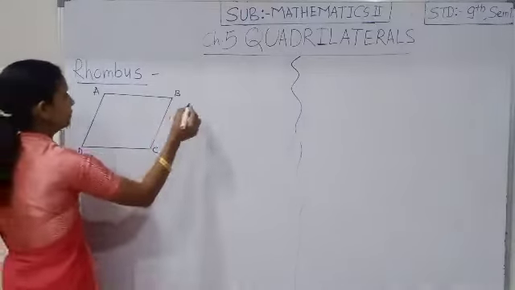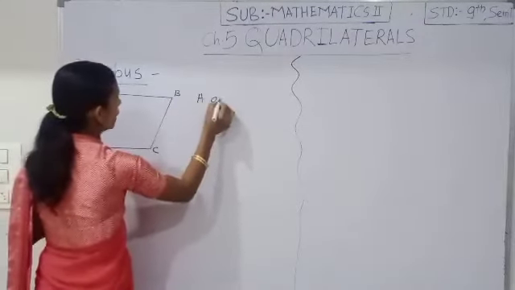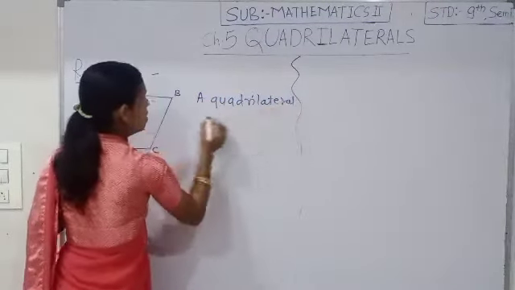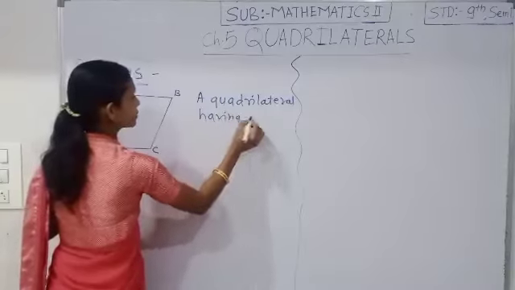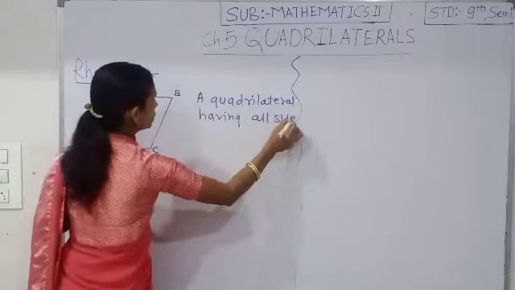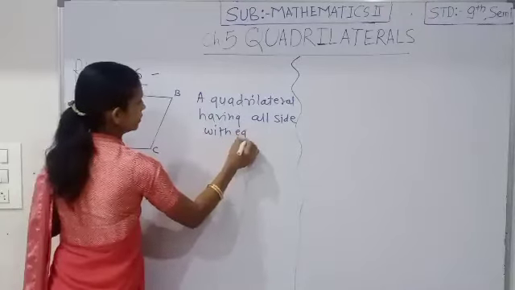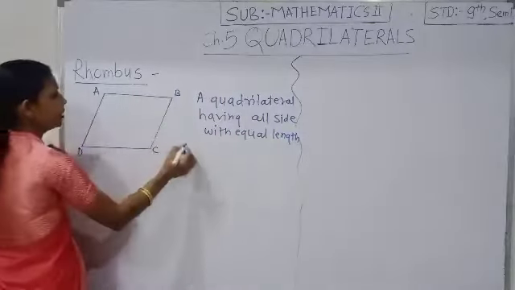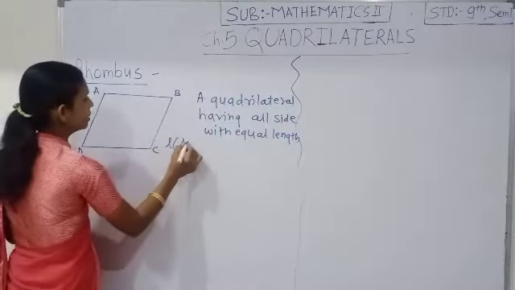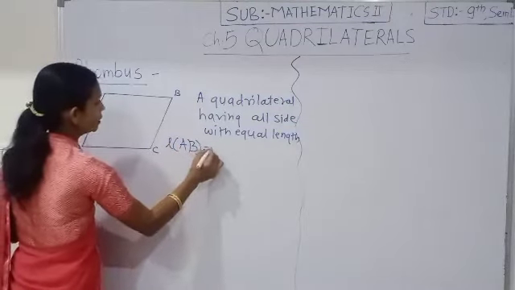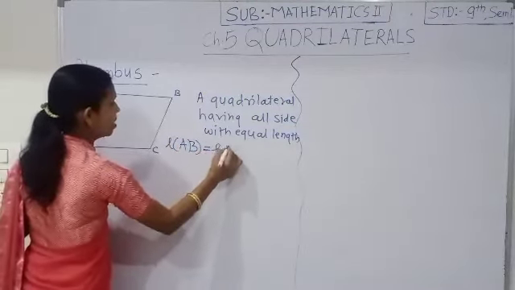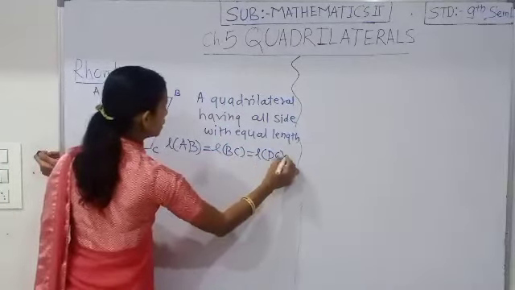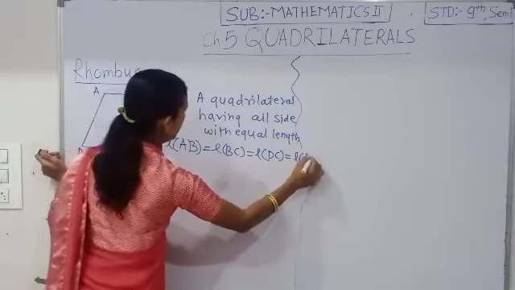A rhombus is a quadrilateral having all sides of equal length. That means the length of all sides of the quadrilateral is equal: length AB equals length BC equals length DC equals length AD.